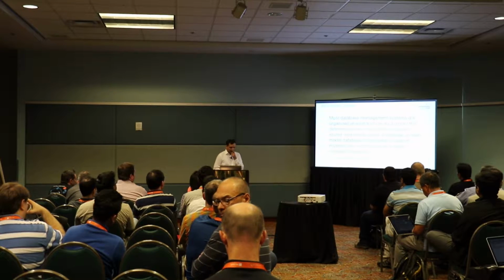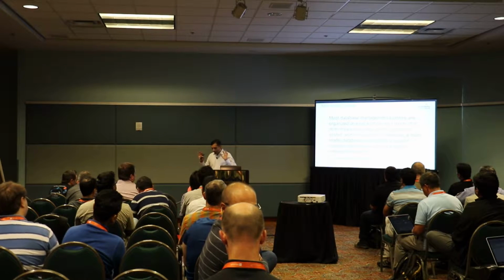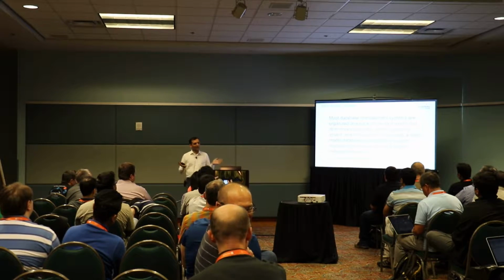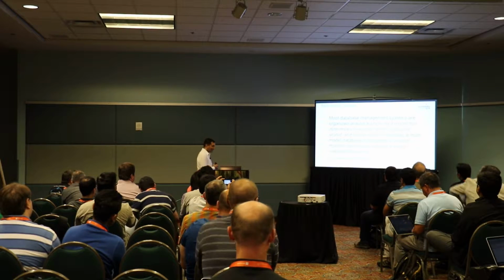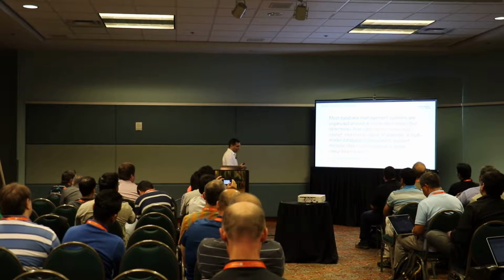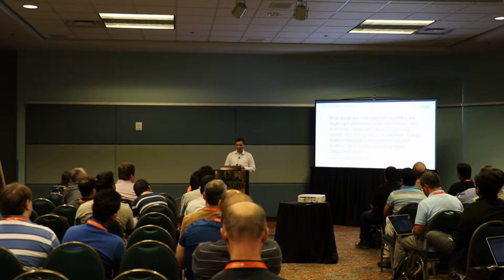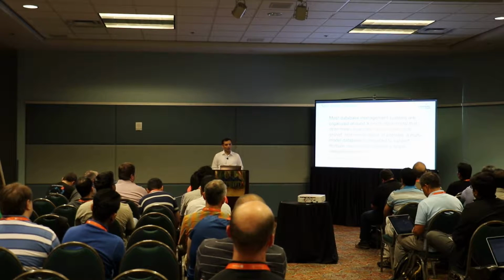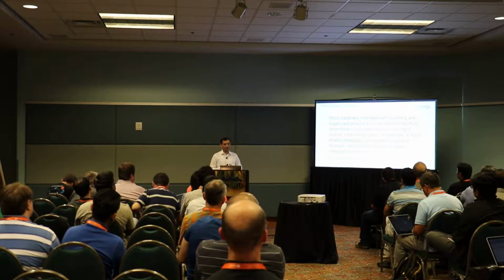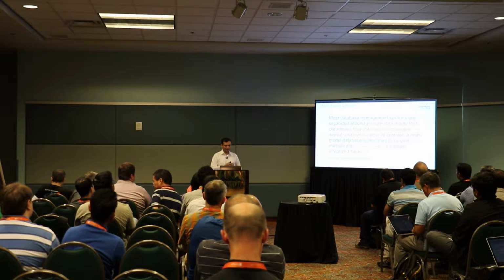So let's define multi-model. I took this quote from Wikipedia, no surprises there, and you can read through it. I don't want to repeat it verbatim, but the key thing is that in the old world there was a single model which defined how data was stored, organized, and accessed.